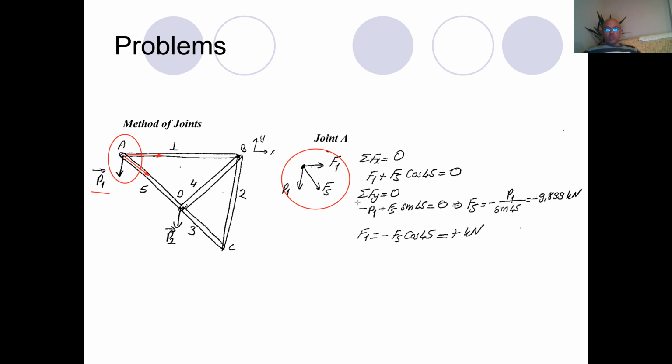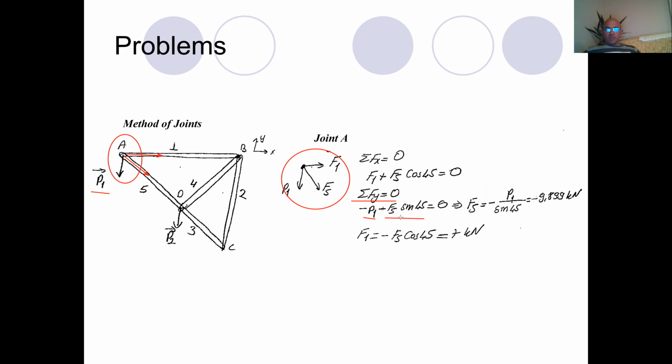Now the second equation is sum of the forces in y direction has to be equal to 0. This is the second equilibrium condition for the joint. So when we write the forces, we have minus P1 minus F5 multiplied by sine 45, because it's downwards. Remember that we choose the positive y direction in upwards direction, and this is equal to 0.